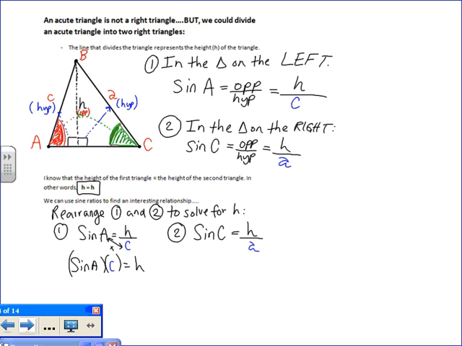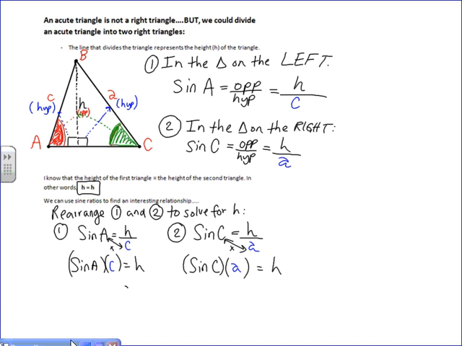If I want to isolate H here, I'm just going to cross multiply what's on the bottom so that I get the sine of C times A is equal to H. And if I set H equal to H, that means that the sine of A times C is equal to the sine of C times A. So if H is equal to H, then this is true.